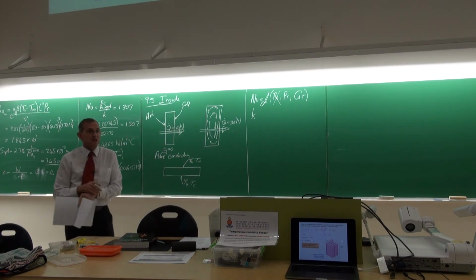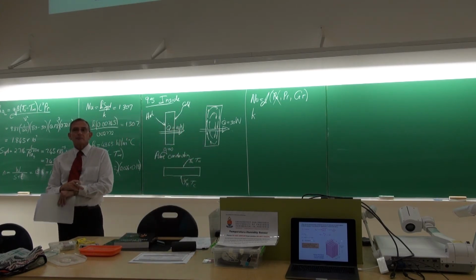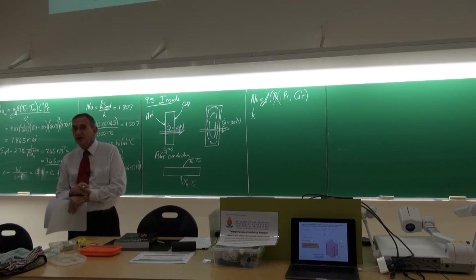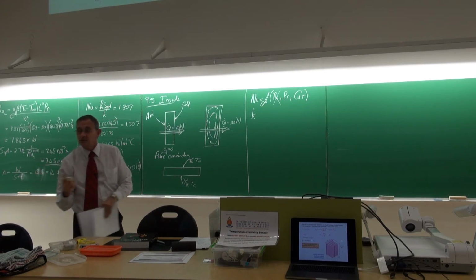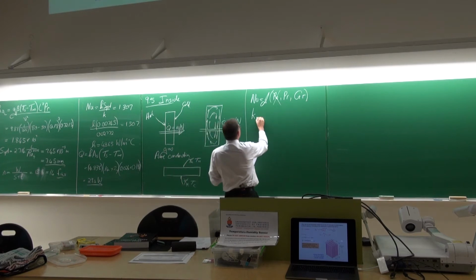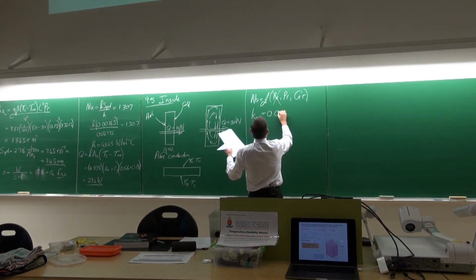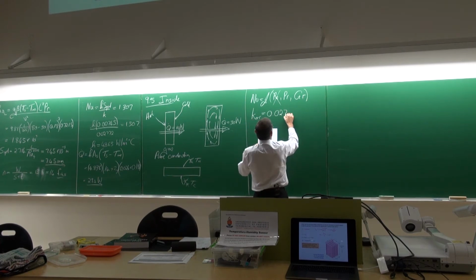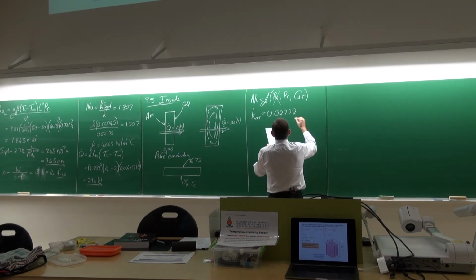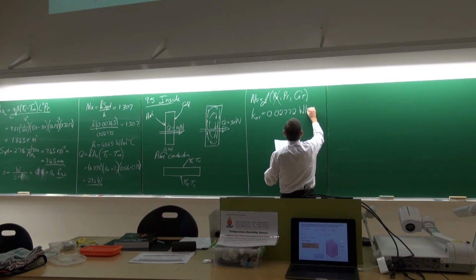But one of the best materials that you can use, you wouldn't believe it, is air. So air actually has a very low thermal conductivity value. Typically, we have seen just now with an example 0.2772 watts per meter Kelvin.